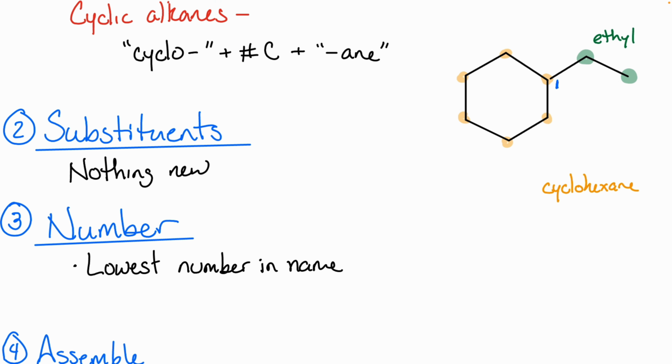So instead of being 1-ethylcyclohexane, this is simply ethylcyclohexane, all one word. Again, we omit the locant from the name.